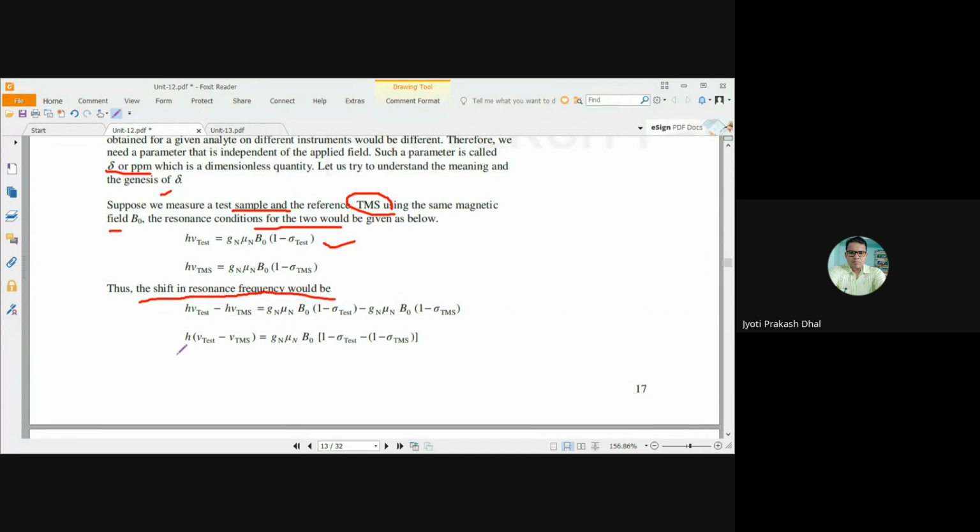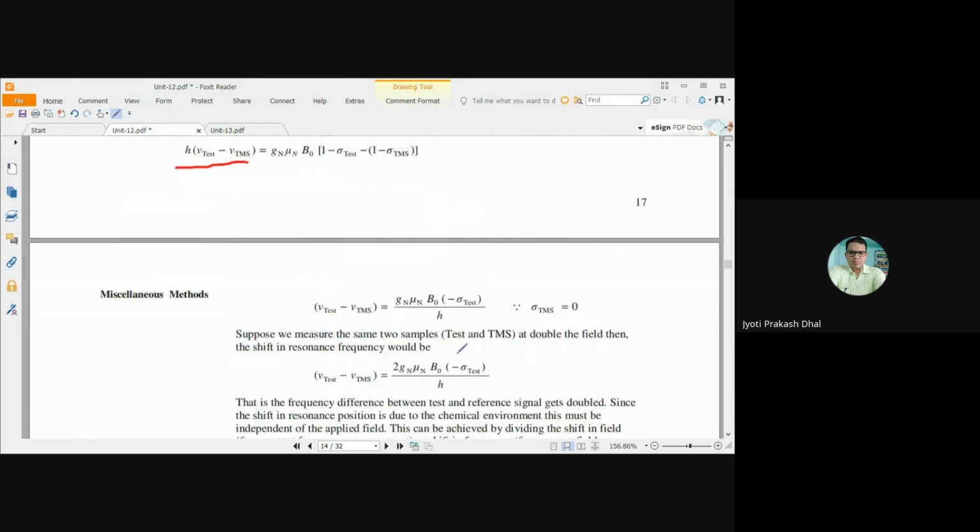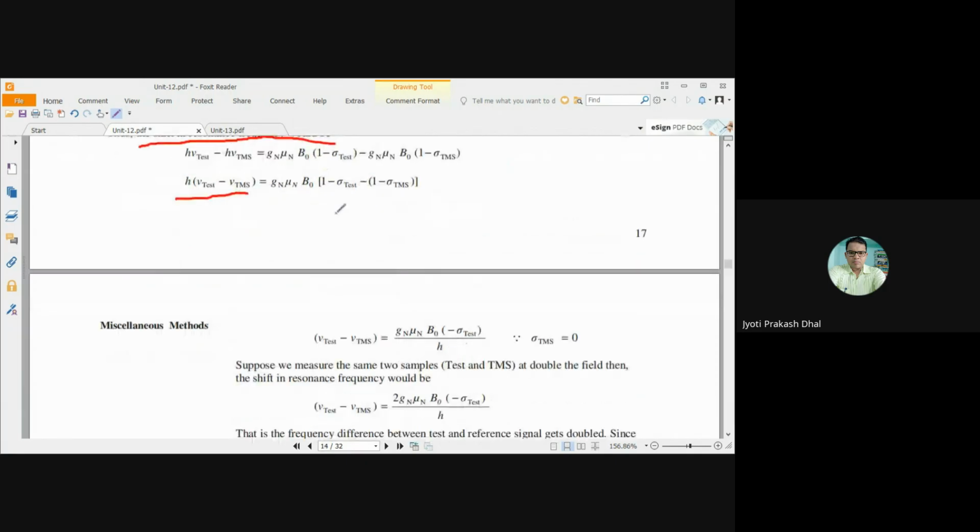And hence h into nu test minus nu TMS equals gamma n mu n B naught whole into 1 minus sigma test minus 1 minus sigma TMS. The 1 and 1 will cancel out, and sigma TMS is 0.